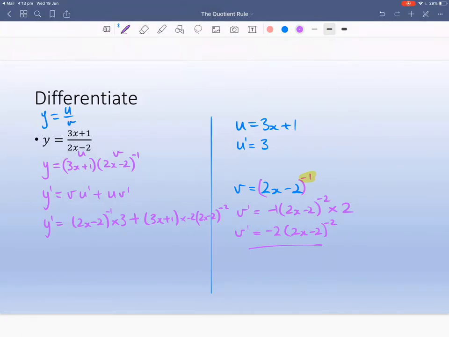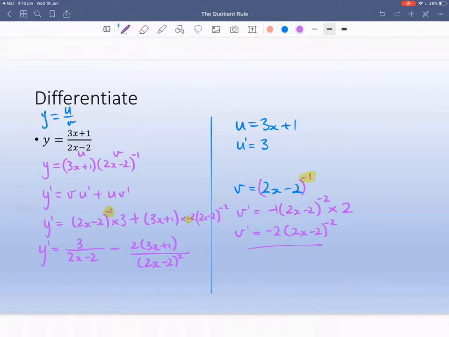So y dash equals 3, and because that's to the power of negative 1, I'm going to put that down the bottom, 2x minus 2, plus, well, I'm going to put minus because I'll bring this to the front, 2 times (3x plus 1), and at the bottom I'm going to have (2x minus 2) squared.